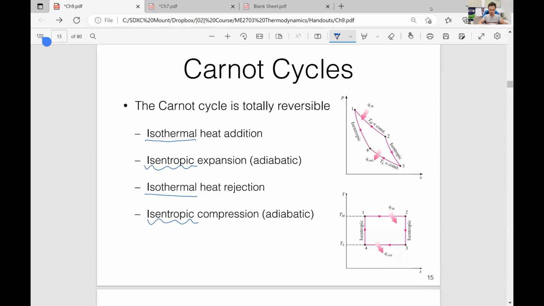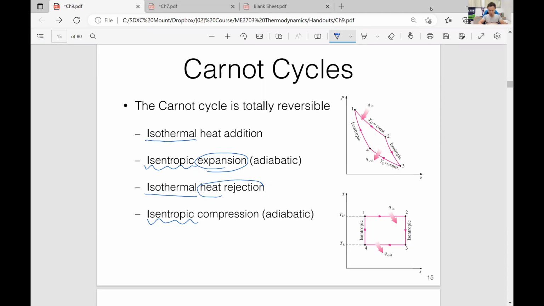Two expansion processes. This is expansion, heat rejection. Well, heat rejection process, this is compression.